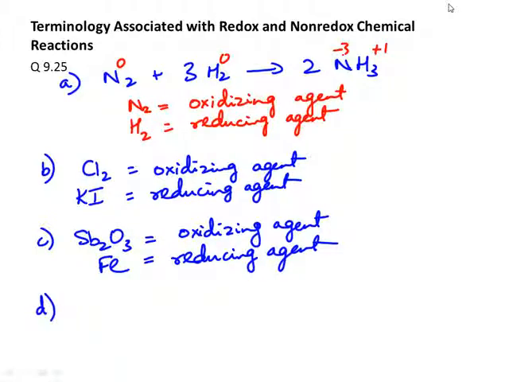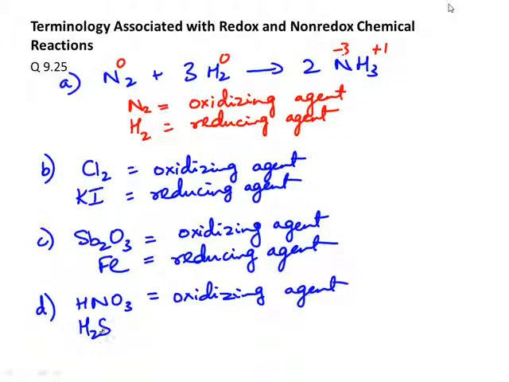D, since nitric acid was reduced, nitric acid is the oxidizing agent. And since sulfurous acid was oxidized, sulfurous acid is the reducing agent. So we need to remember that the substance that is reduced during a reaction is the oxidizing agent, and the substance that is oxidized in a reaction, that's the reducing agent.